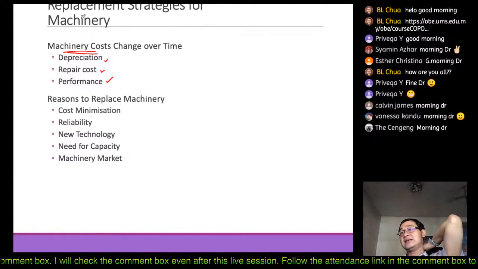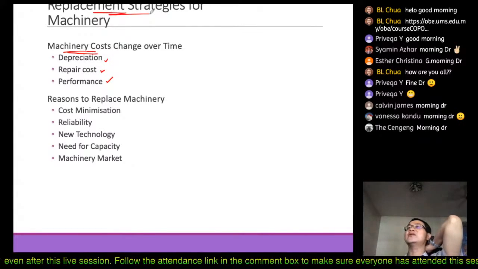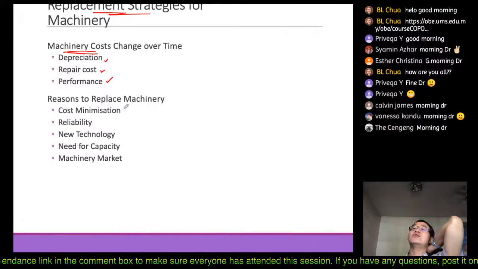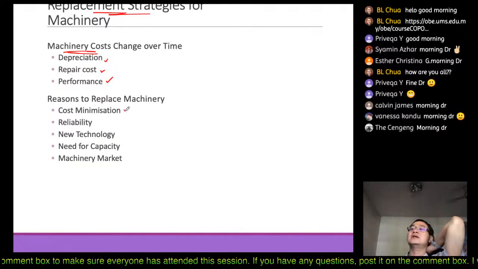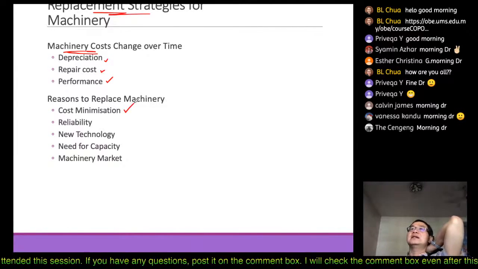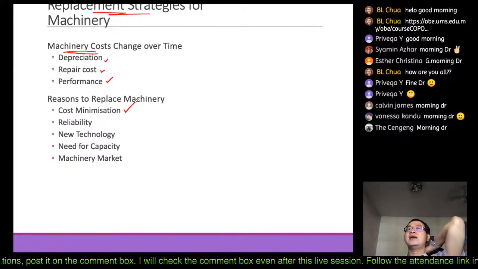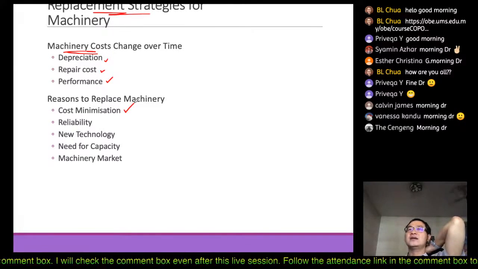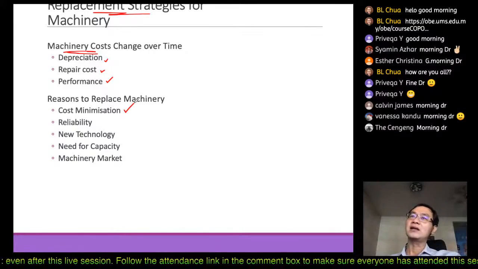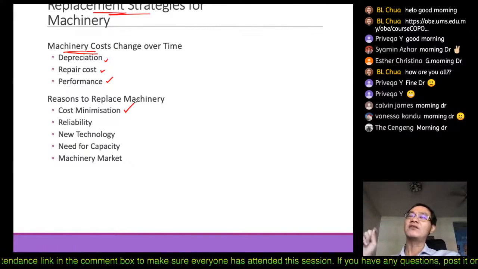When we decide whether to replace or not, we also have to consider the reasons why we want to replace the machines, whether it is cost minimization, just like previously AirAsia bought a lot of airplanes and changed their previous fleet to a more fuel efficient type of airplane.